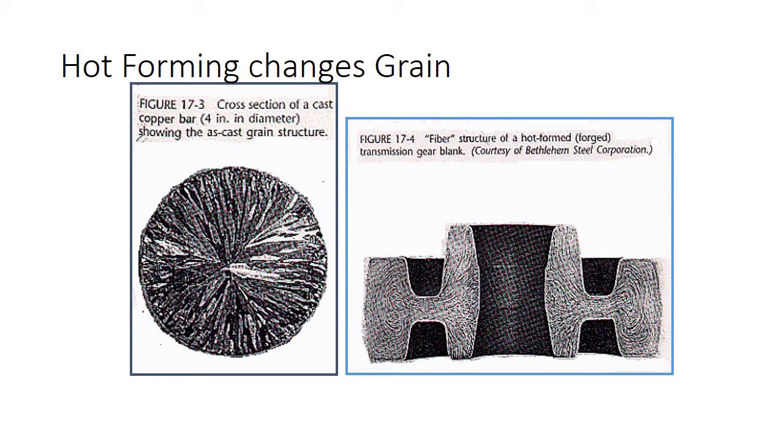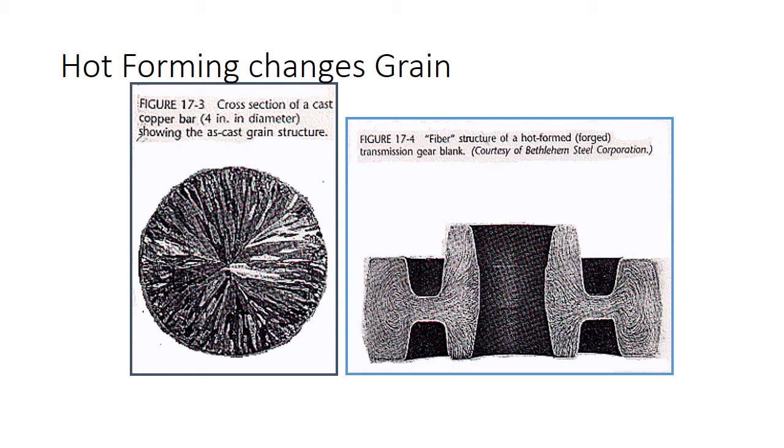If you look carefully at the gear blank on the right, you can actually see in the cutaway what the grain structure looks like after this has been forged into that shape.